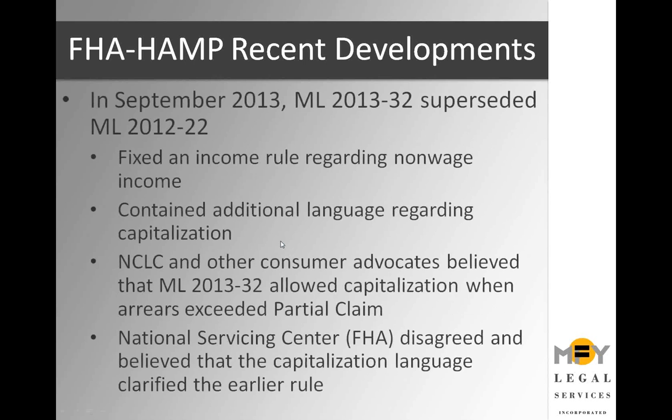So in September 2013, Mortgagee Letter 13-32 superseded 12-22. This fixed an income rule regarding non-wage income, and it contained additional language about capitalization of arrears. The National Consumer Law Center and some other consumer advocates believed that this additional language allowed for that capitalization beyond the partial claim. But the National Servicing Center, which sets the servicing standards for FHA, disagreed and believed that it clarified the earlier rule.